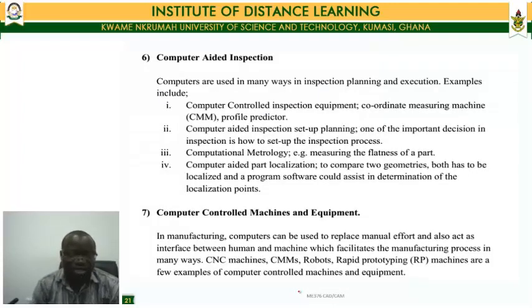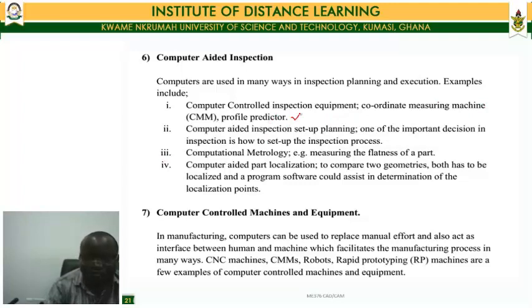So now the sixth example of computer-aided manufacturing is what we call computer-aided inspection. Now, in computer-aided inspection, you can have what we call computer-controlled inspection equipment, which is a CMM, coordinate measuring machine, profile inspector.